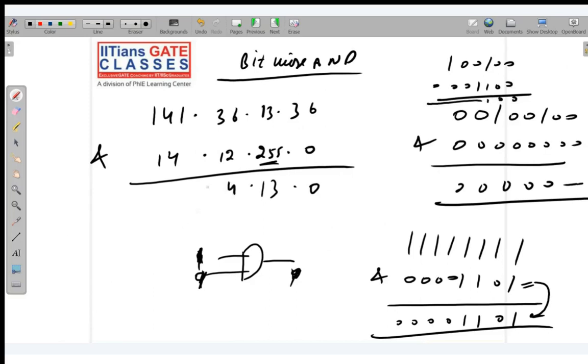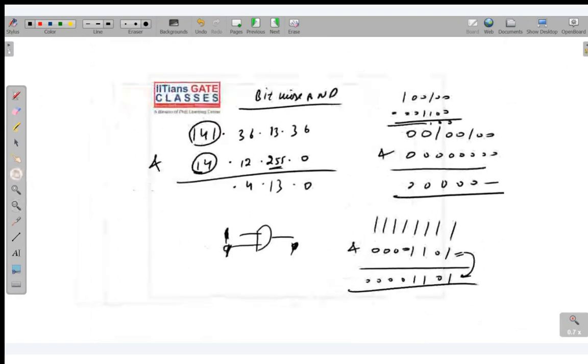Is it okay? Okay, and what about 141 and 14? 141 is a big number. See this. If we have 8 bits, 1 2 3 4 5 6 7 8, so this place value is 128, 2 power 7. I think you know these things. 2 power 0, 2 power 1, 2 power 2, 2 power 3, 2 power 4, 5, 6, and 7.